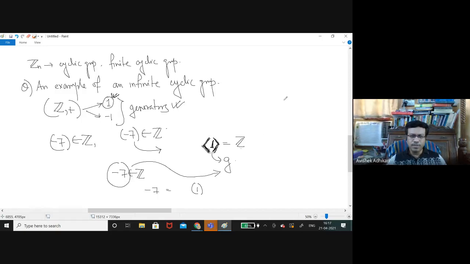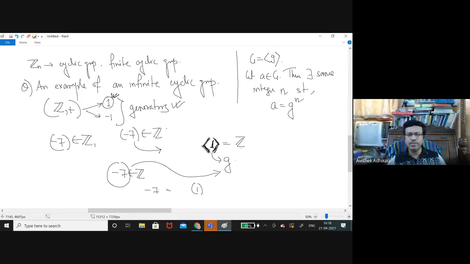So if you remember, what was my definition? My definition was, if G is generated by this group G, then let A belong to G, then there exists some integer n such that A must be of this form, right?